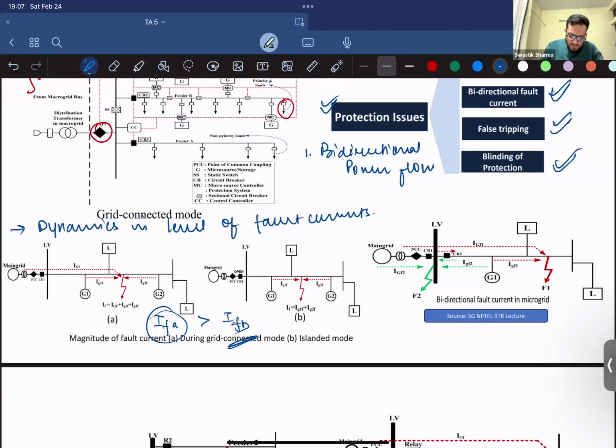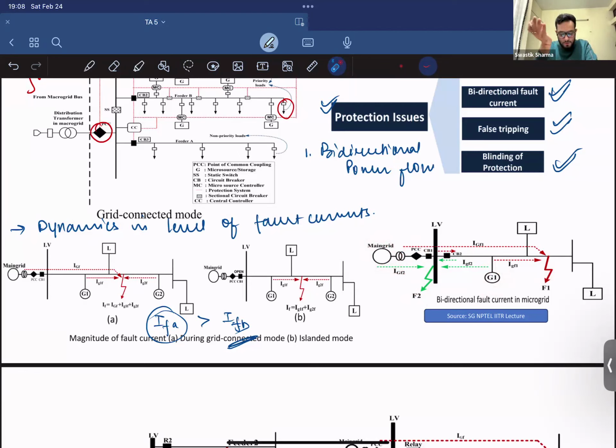Then you have bidirectional fault current. So what is bidirectional fault current? Considering the same system, your main grid is connected to a PCC, and let's say two different faults are happening: this F2 fault and this F1 fault. This F1 fault is being supplied from G1 and the main grid, and this F2 fault is also being supplied from G1 and the main grid.